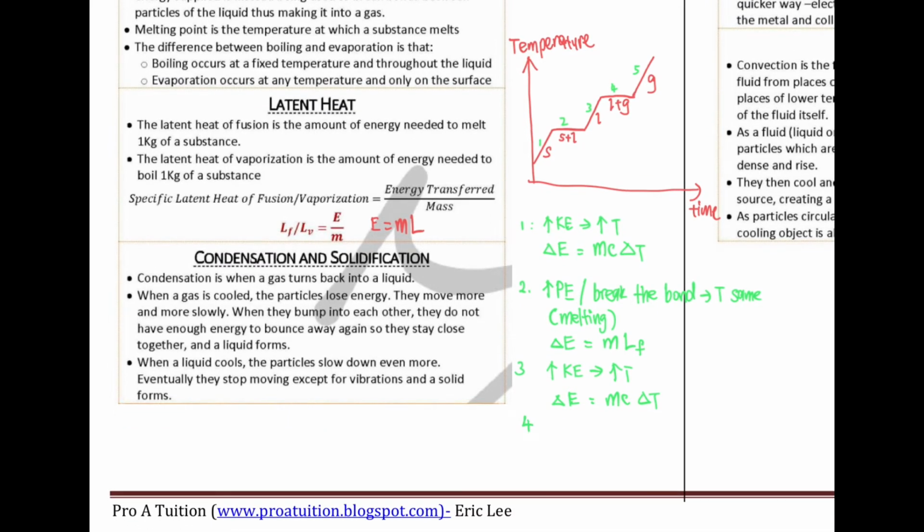Number 4, the liquid reaches the boiling point and starts to boil. The liquid uses the thermal energy supplied to increase its potential energy, or in other words, it uses it to break the bonds. That's why during boiling, the temperature is the same. This is boiling.